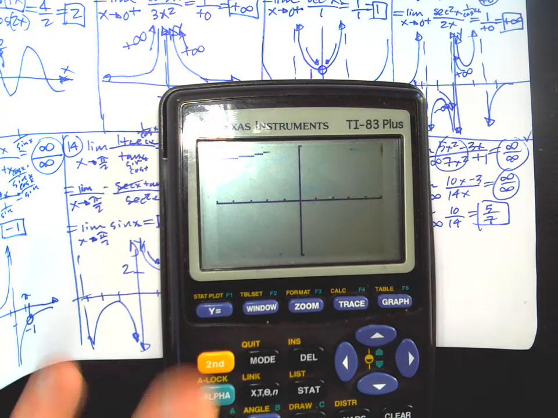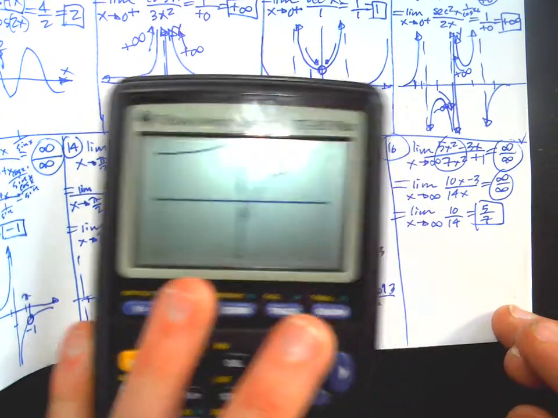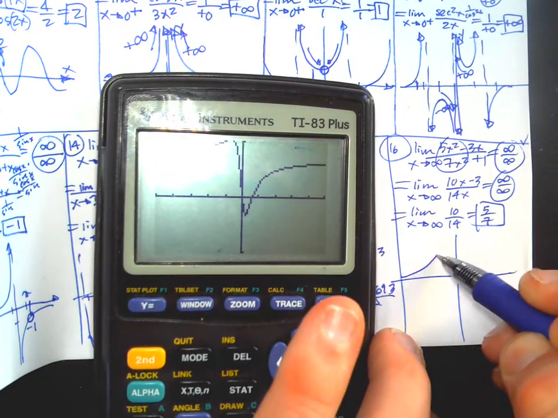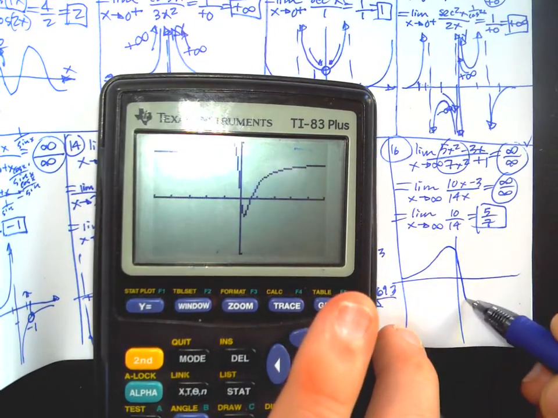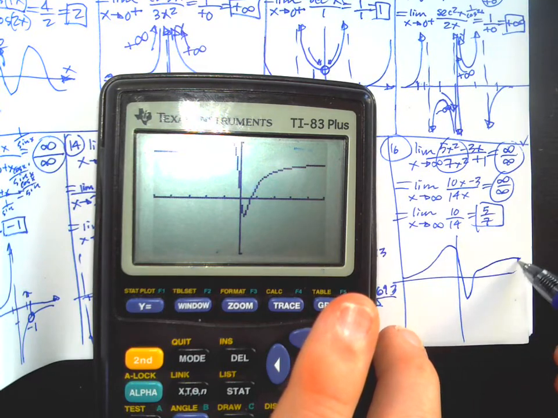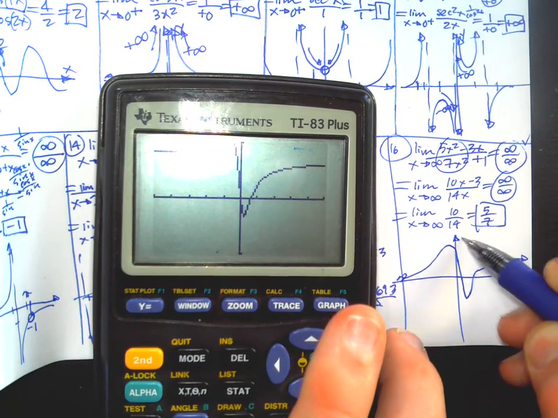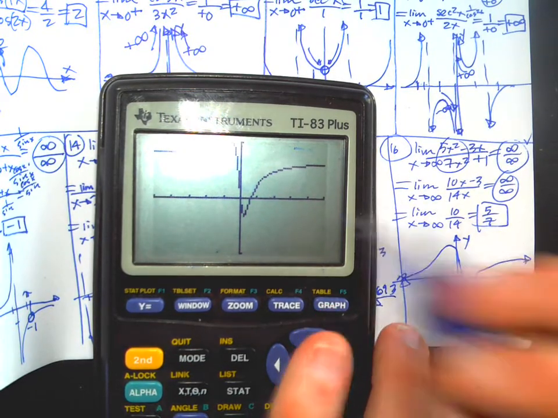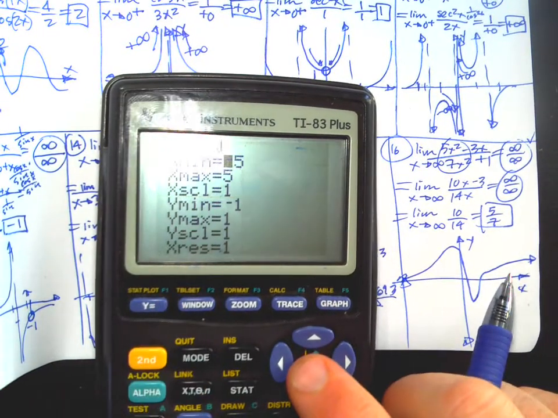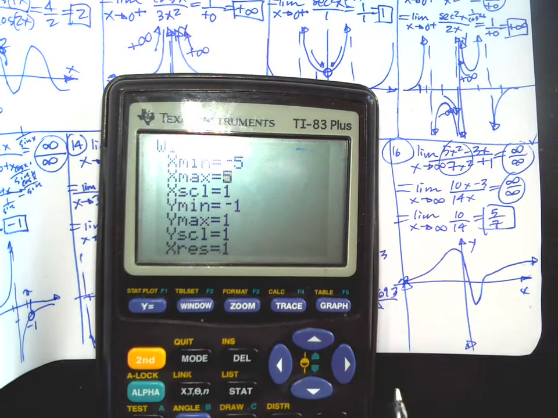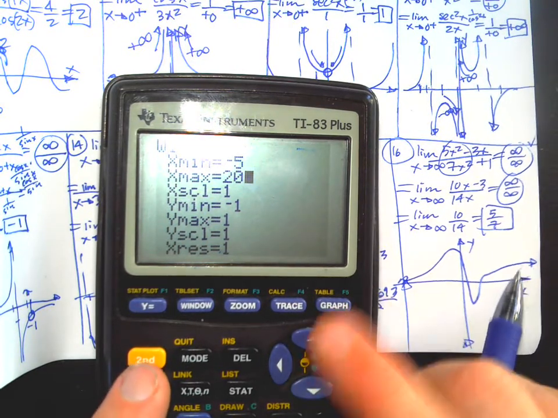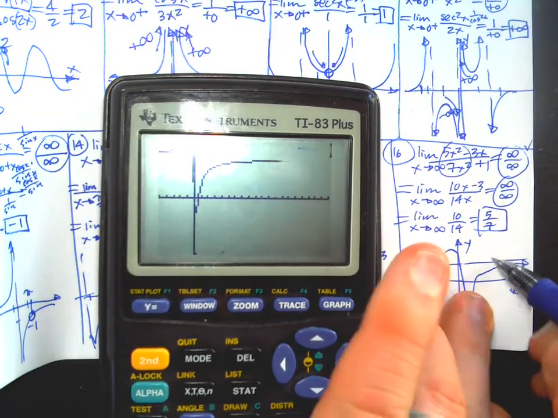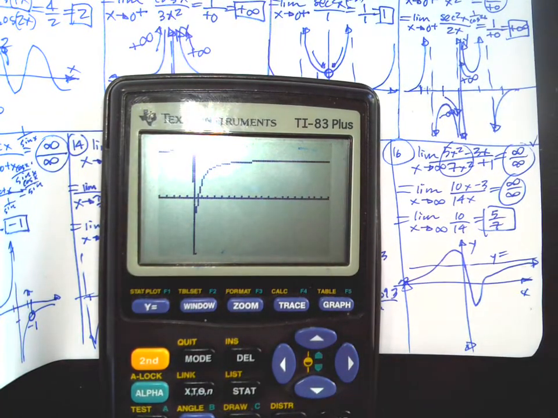So there's this graph, it goes up a little bit, and then it dips. So it kind of goes like that, and it kind of goes like that. And then as we approach infinity, what's happening over here? I think the window would be better if we made the x go further and see if it's approaching some kind of horizontal asymptote.